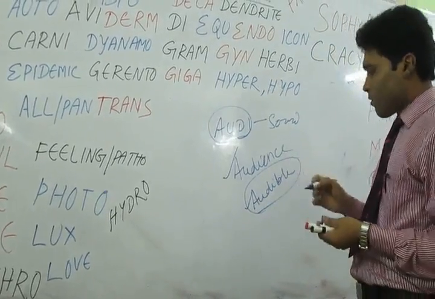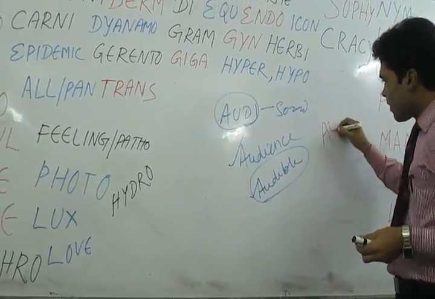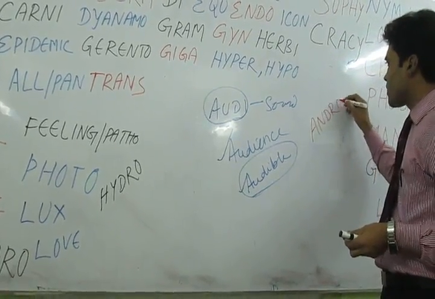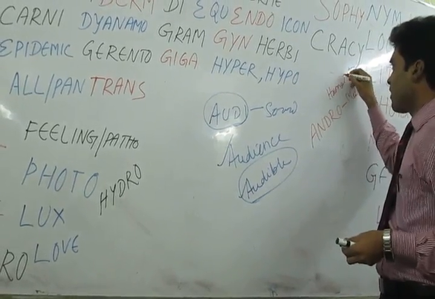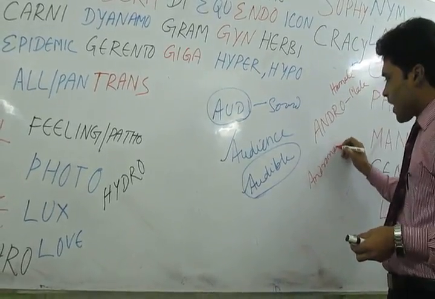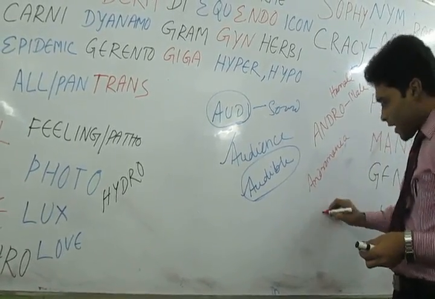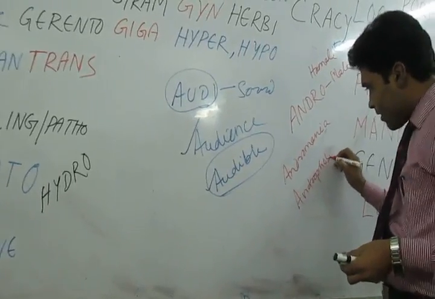Another word is andro, A-N-D-R-O. Andro means male or human beings who are male. So, andromania, one word. Another word is androphobia.